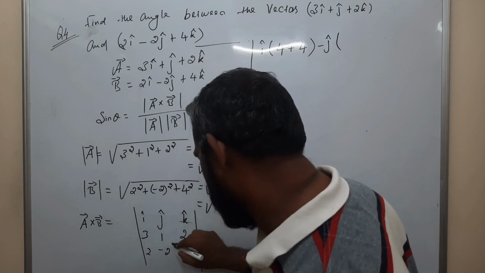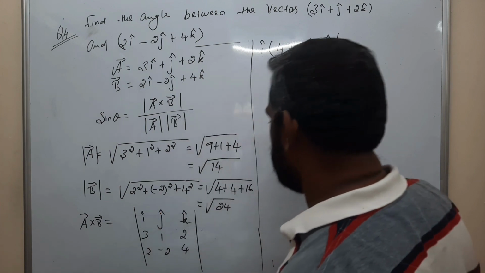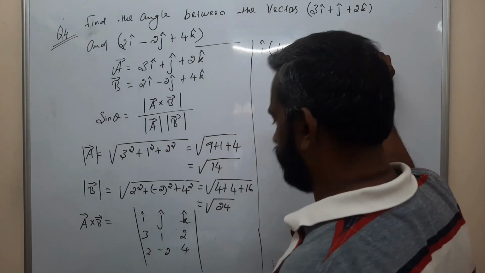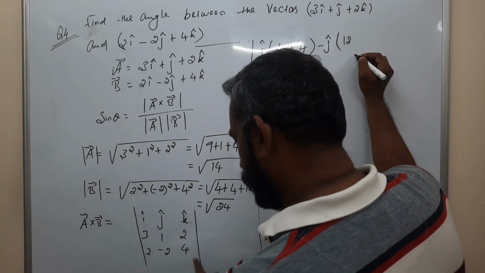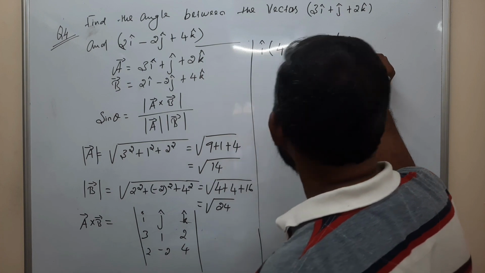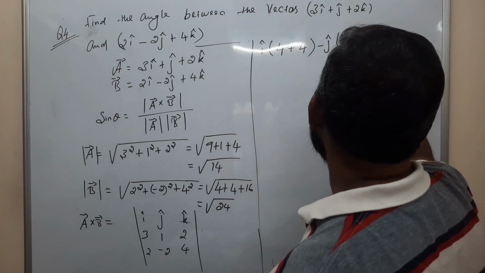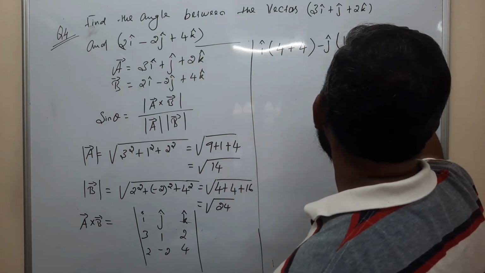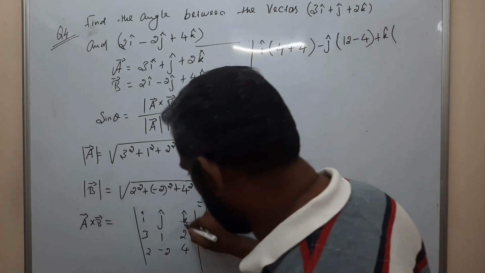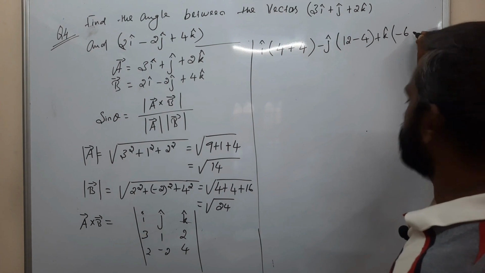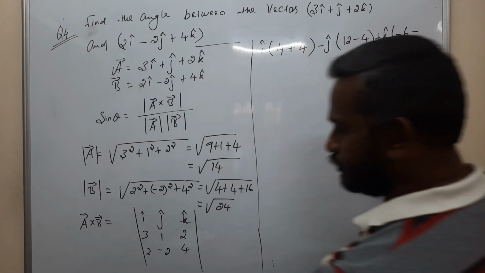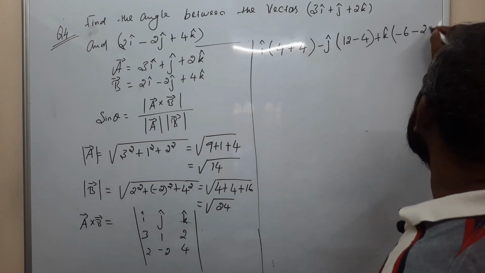Cut this column, this row. What is remaining? 3 4s are 12, 2 into 2, 4, 12 minus 4, plus k cap into, cut this column and this row: 3 into minus 2, minus 6, minus 2 into 1, minus 2.